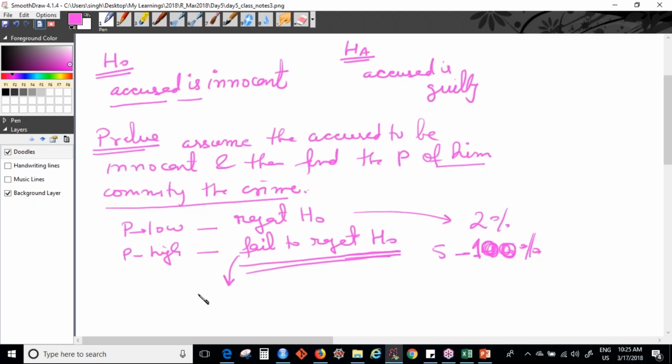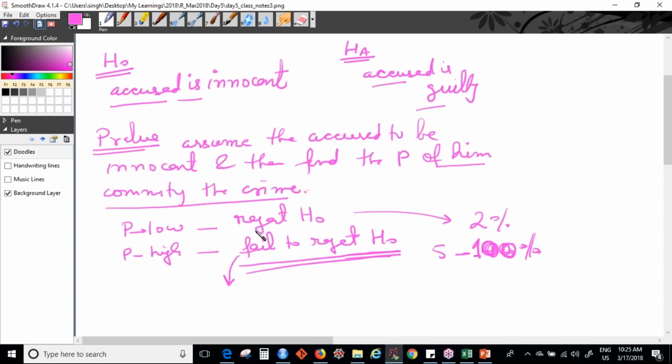So this is the exact statement which the court makes, that given the evidence, he is not innocent. The court will never say that he is guilty. The court will say that given the evidence, he is not innocent.